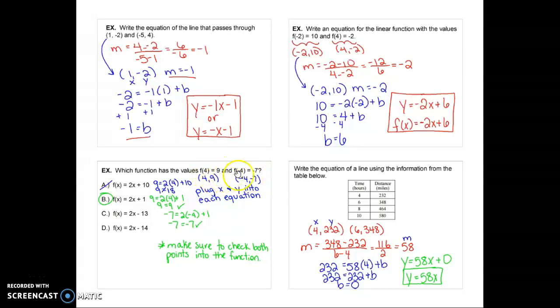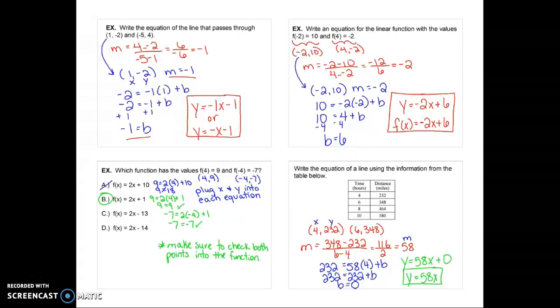And f of negative 4 equals negative 7 is the point negative 4, comma negative 7. So now you need to go through each one of these equations and plug in the x and the y into each of them to see which one gives you a true statement.